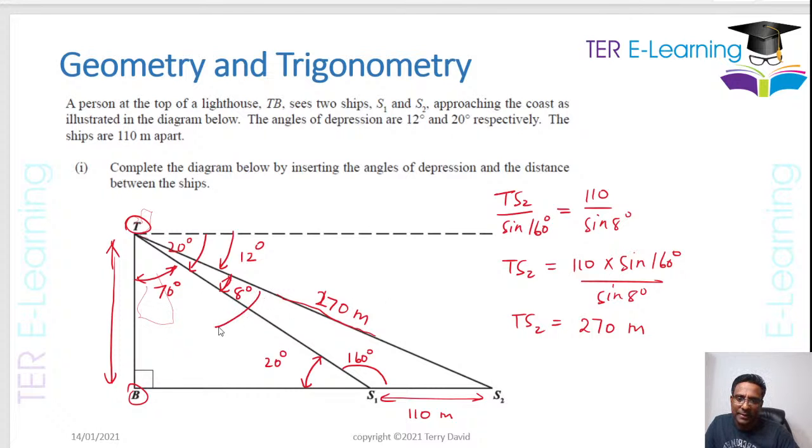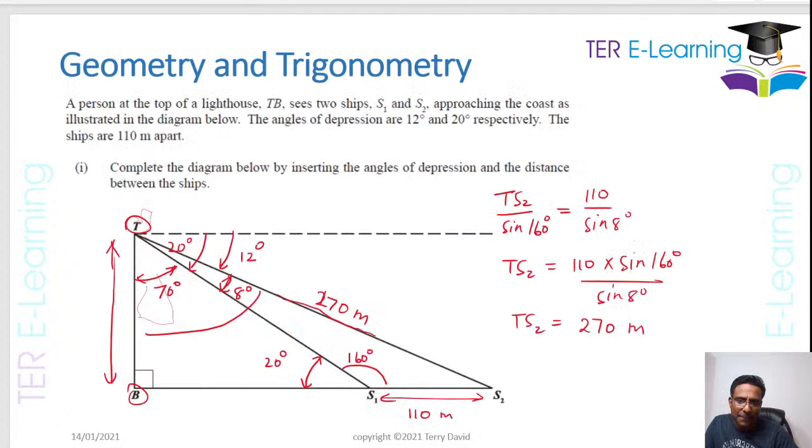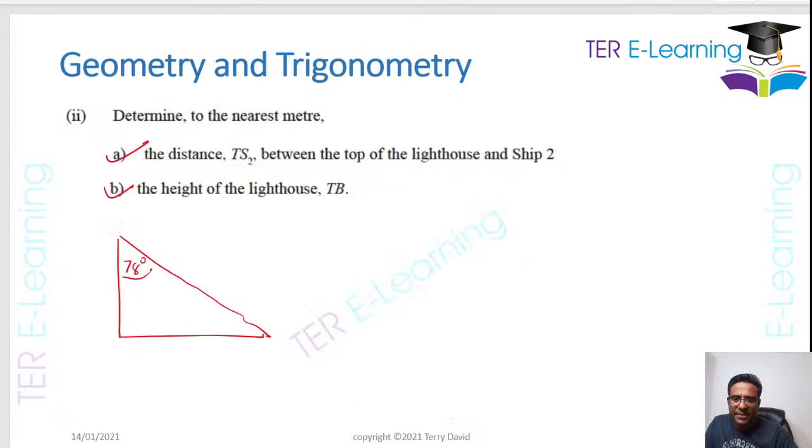This angle here, right, is actually 70 plus 8, that's 78 degrees. So let me just draw this over so I don't confuse you. So this is what we know. So we said that this here is 78 degrees, right? This here, we just worked this out and we got 270 meters, right?